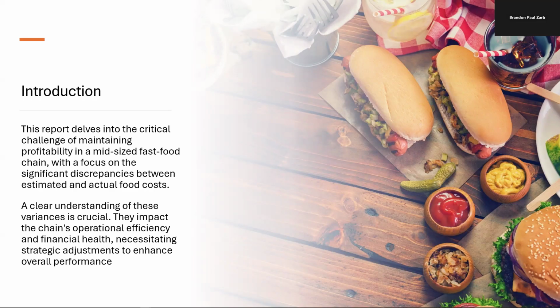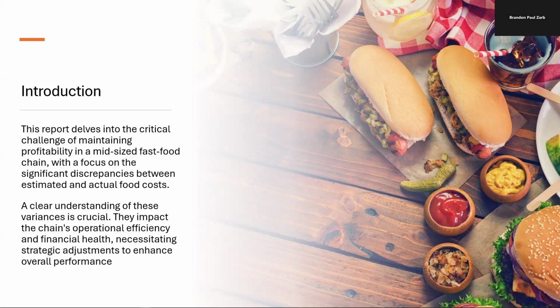They impact the restaurant chain's operational efficiency and financial health, necessitating strategic adjustments to enhance overall performance. Essentially, by reducing this variance, now I'm not going to say which restaurant chain it is, as this is an existing client and I have signed an NDA.